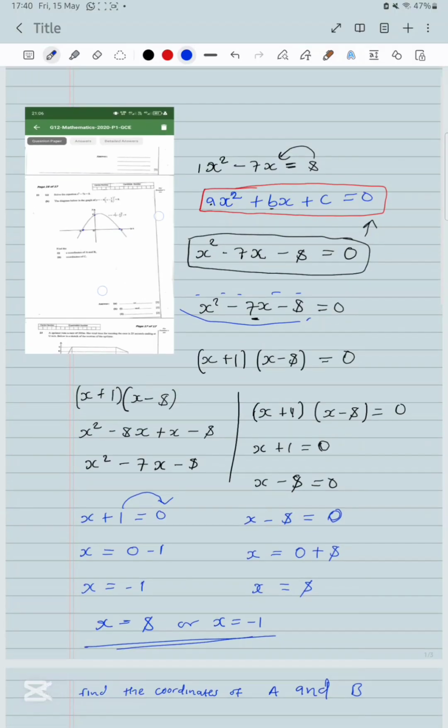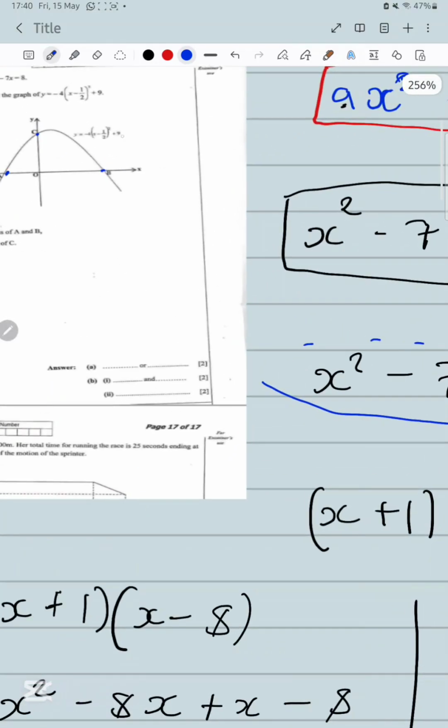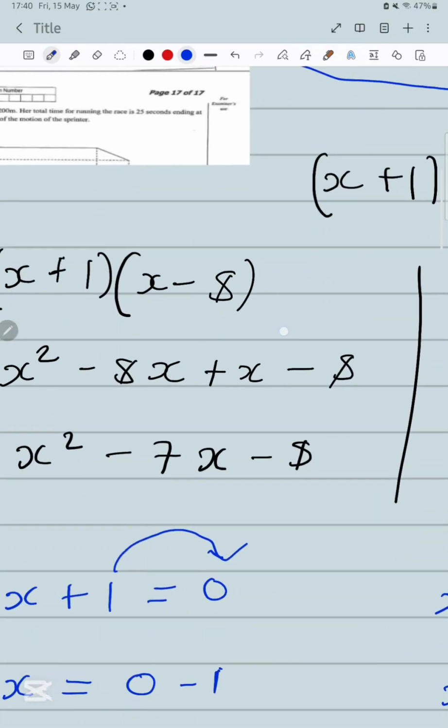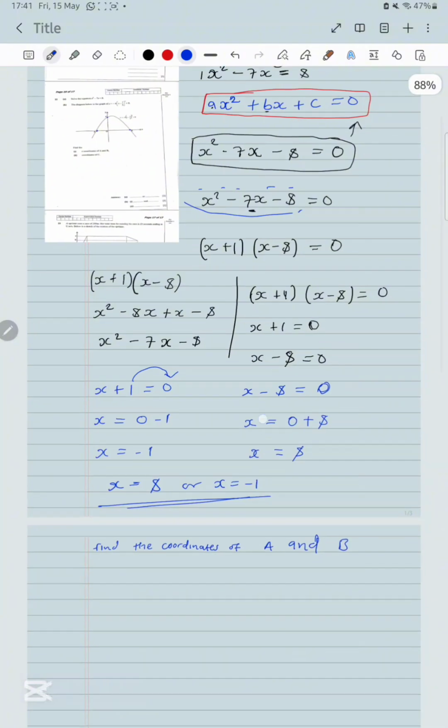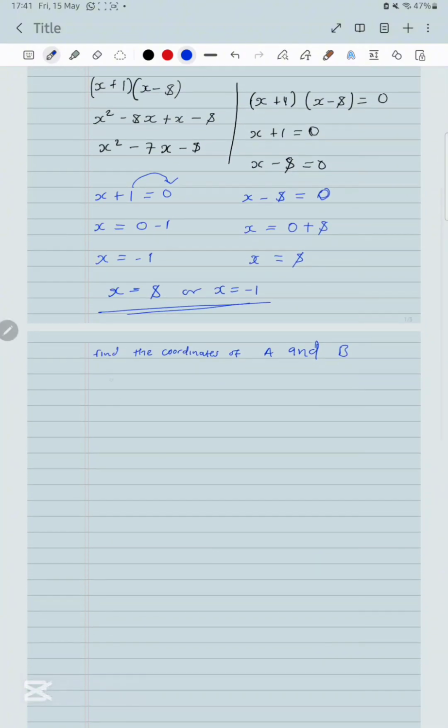Y is this equation here, the equation you have been provided. In the exam, don't do it like this, just solve directly. But for the sake of teaching, let's set y to 0.